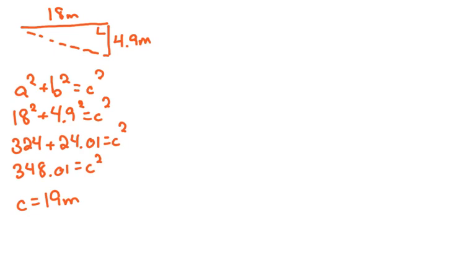And as with any motion in 2 dimensions, we do need to know the specific angle that this is moving at, which would be this angle here. It's a right triangle, so SOHCAHTOA is good to use. We have the opposite, 4.9 meters. We have the adjacent, 18. So we use tangent.